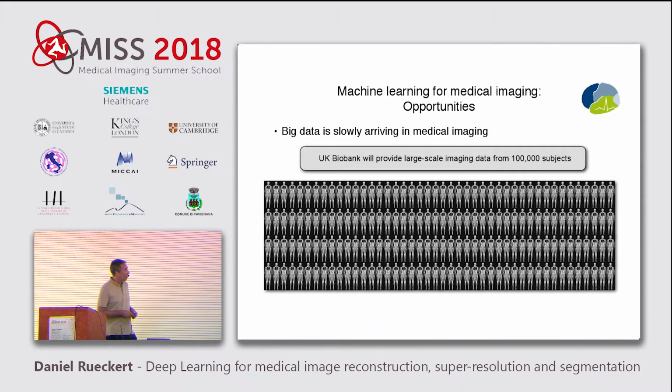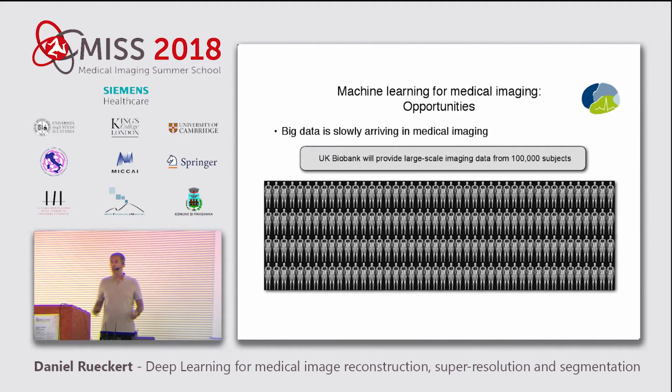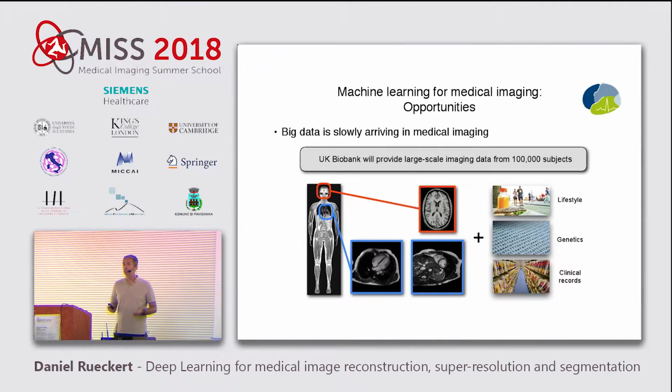If you look a bit more carefully at what is included in a data set like this, they include full body MRI, so you can study every organ system you would like to study. In addition, they have dedicated imaging for the brain, so you can, for example, extract very detailed information about the anatomy of the brain, but also the function.